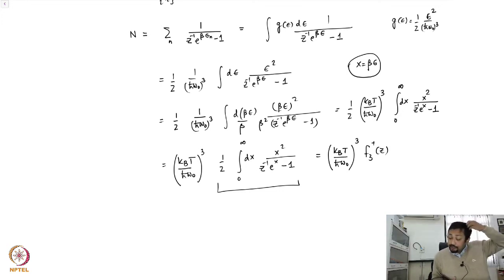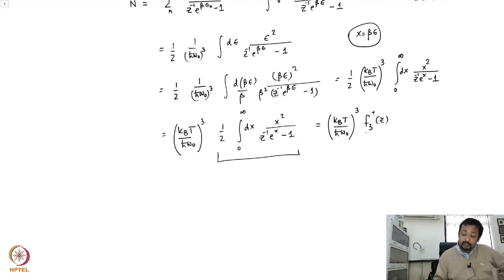Now clearly, as you decrease the temperature, your z also changes. So you hit upon the limit where this function will have a limiting value of, if you recall, that f_m plus of z is sum over k equal to 1 to infinity z to the power k divided by k to the power m, and when I hit z equal to 1, I have f_m plus going to be sum over k equal to 1 to infinity 1 over k to the power m, which is zeta(m), the Riemann zeta function.